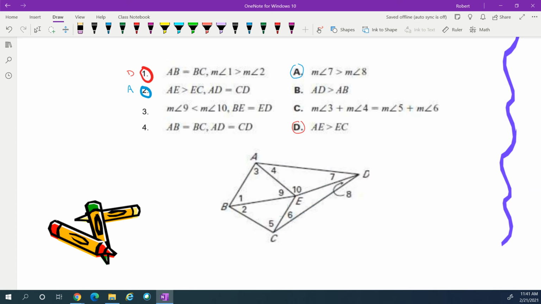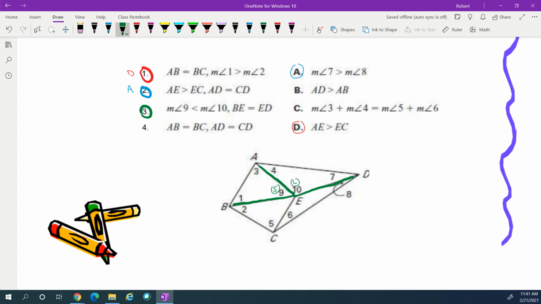The picture is the challenge in this example. Let's look at number 3. Angles 9 and 10. Okay, so let's find it. Angle 9 and angle 10. So those are our 2 triangles. And angle 9 is the smaller.